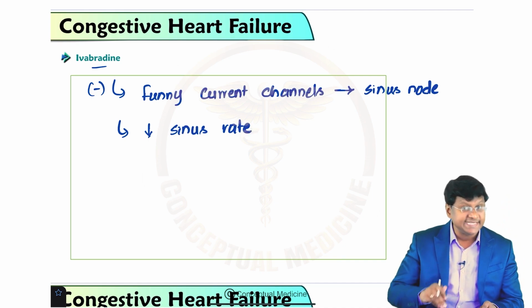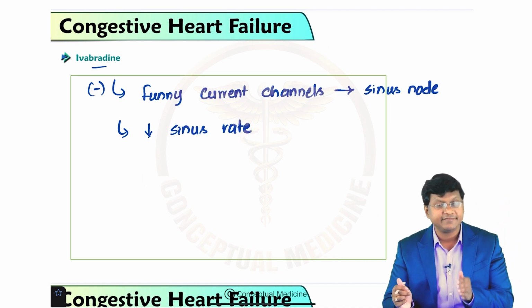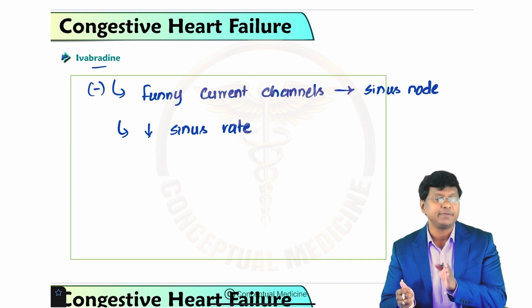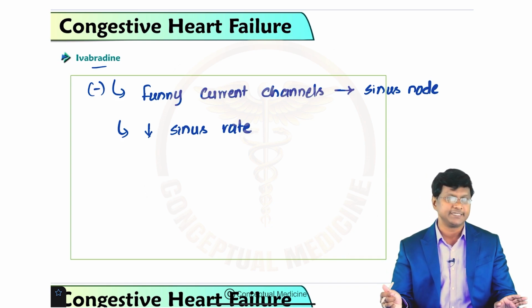So when there is sinus tachycardia, this ivabradine is approved by FDA for use in stable patients with heart failure and a heart rate of 70 beats per minute.